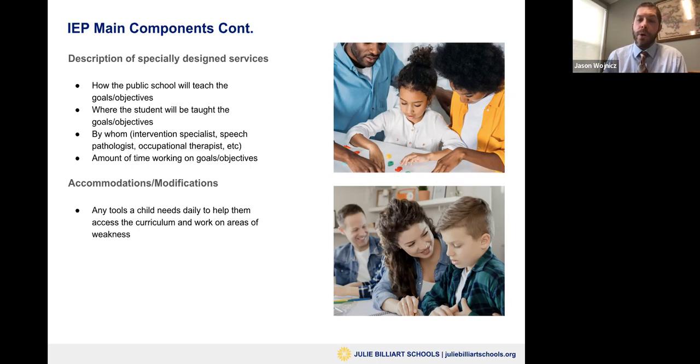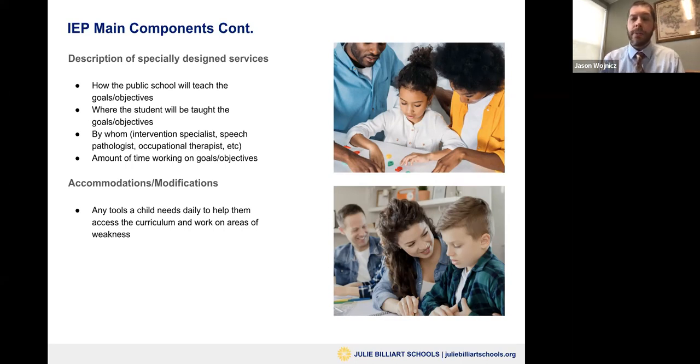That's a critical component because we know that students are able to succeed better in different environments. Maybe that quieter, more one-on-one environment is more appropriate for the child to develop that skill set. We want to make sure the IEP outlines that's how it should be administered. Maybe a gen ed classroom is a better fit for that child. And that's certainly a discussion that you want to have with the IEP team.